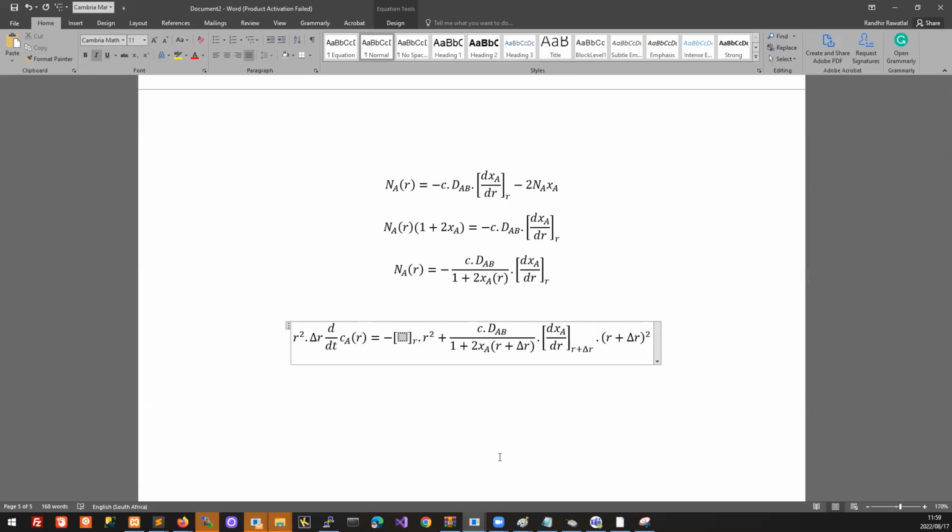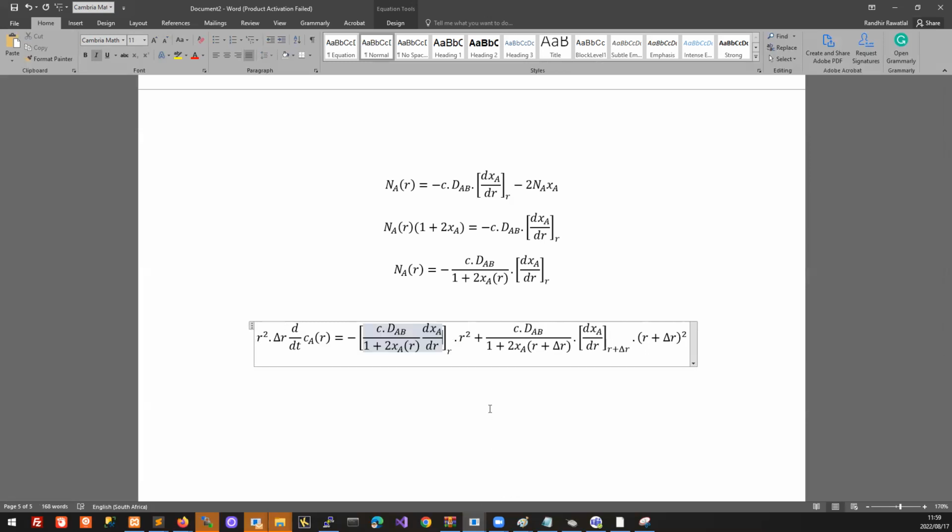We are emphasizing all of this is happening at the R position. And then again here. And by the way, I should put this in as well. And then here, I'm going to stick this into the brackets.